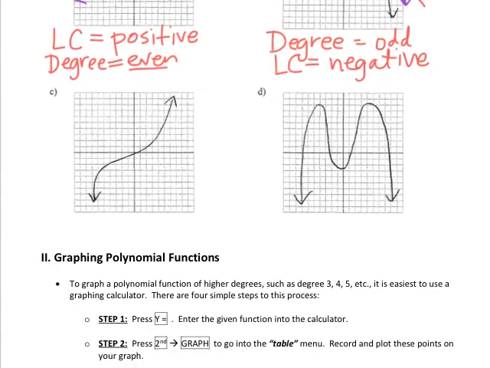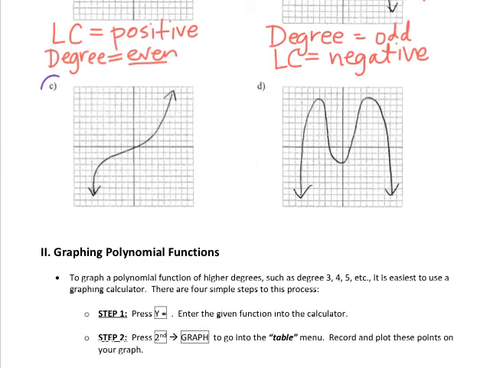All right, let's take a look at problem C. Problem C is a positive sloping graph on its way out. So toward the far right side of the graph, this graph has a positive slope, and therefore the leading coefficient has to be positive. And how many turns does this graph take?